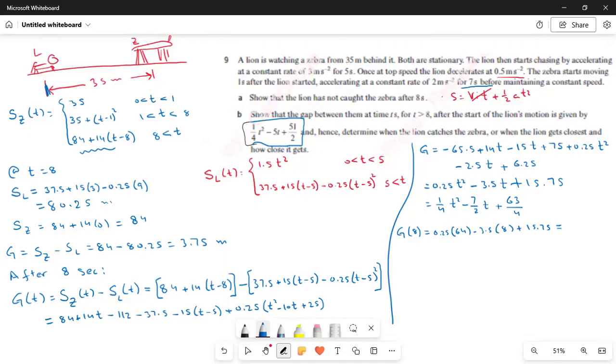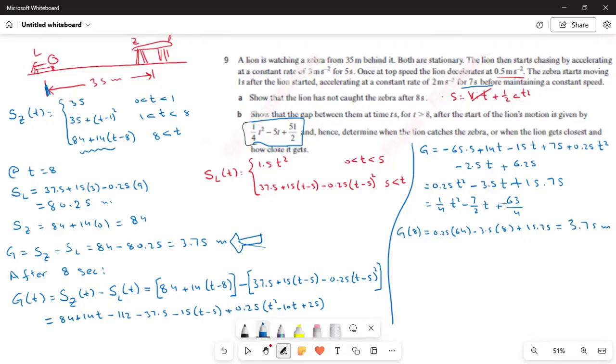Let's do it quickly: 0.25 times 64 minus 3.5 times 8 plus 15.75. It comes out to be 3.75 meters. Exactly as we calculated over here, remember?